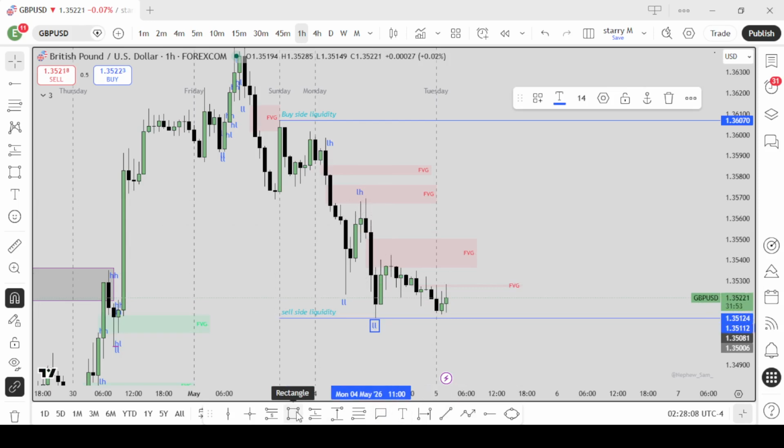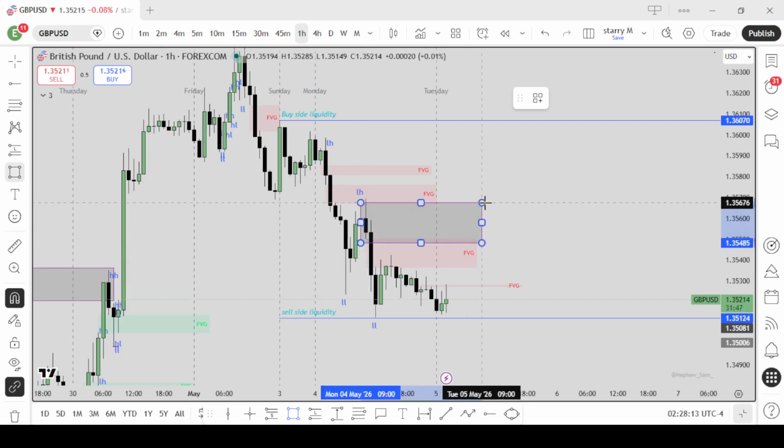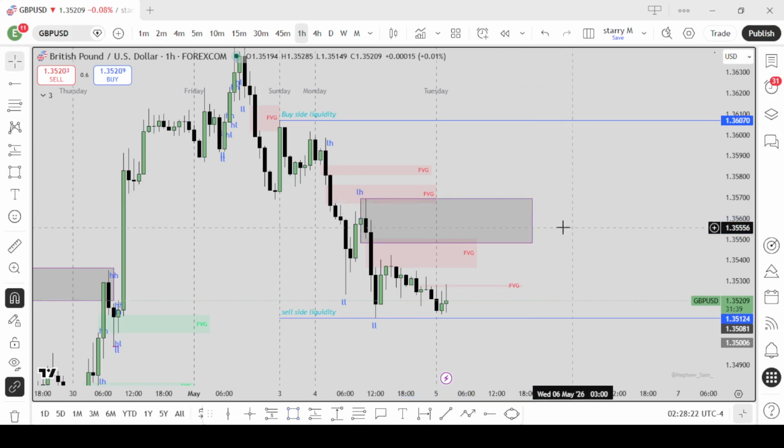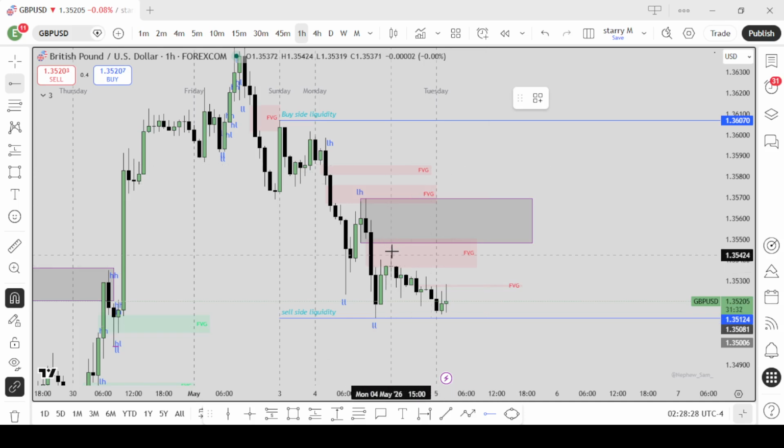So we could look for markets to come here, around here. This is our area of interest. This is where we expect to see a reversal. So I could put an alert here.